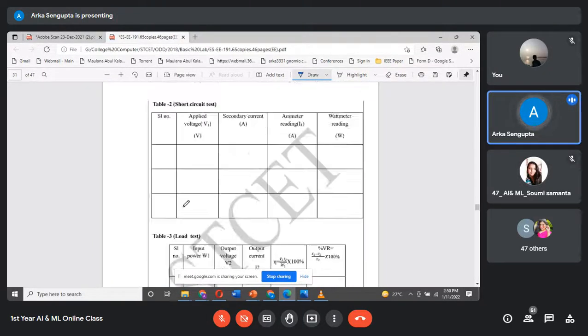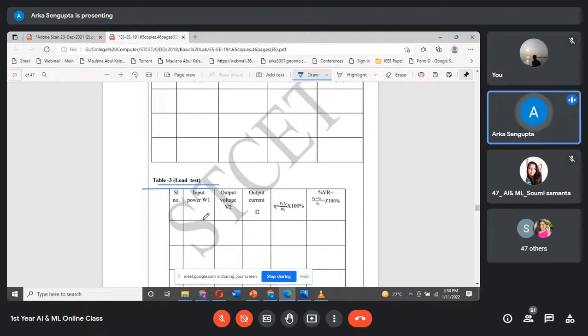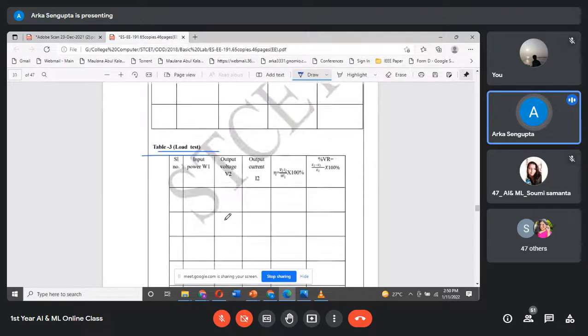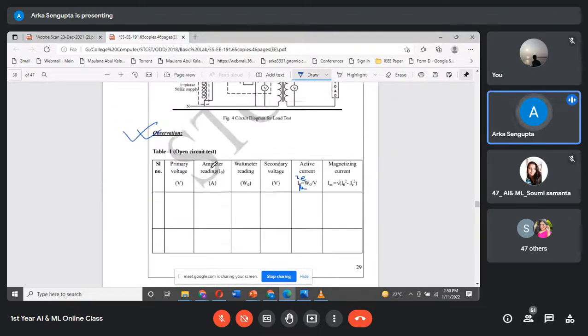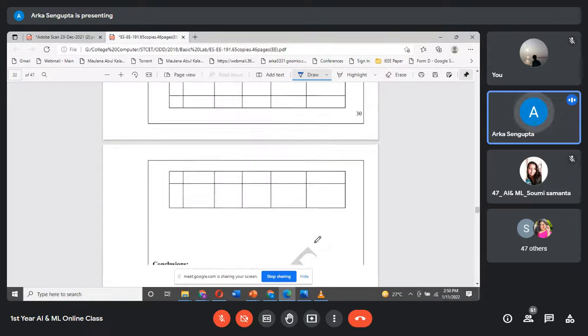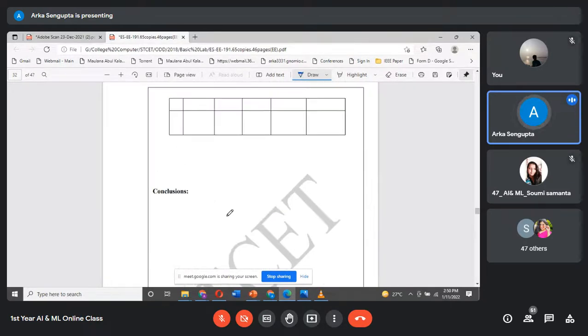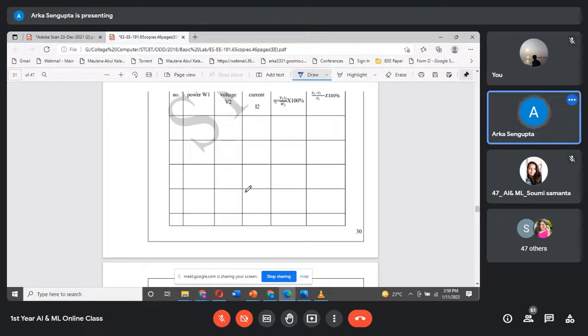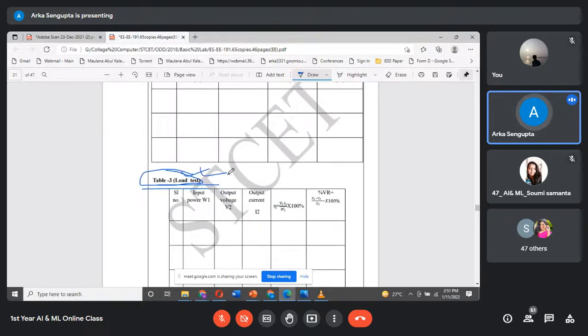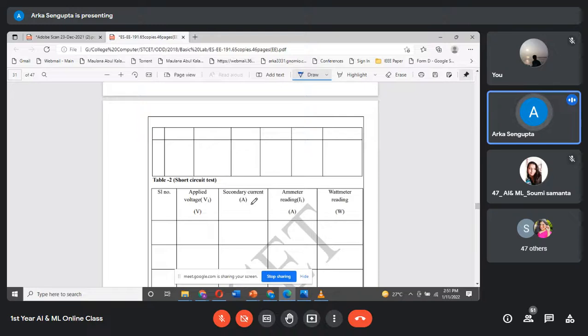Previously I have taught you the load test. These 2 have already been shown, and what you need to write in the load test I have already told. Now in the open circuit test, you will be completing the table with all the calculations shown below, before the conclusions.